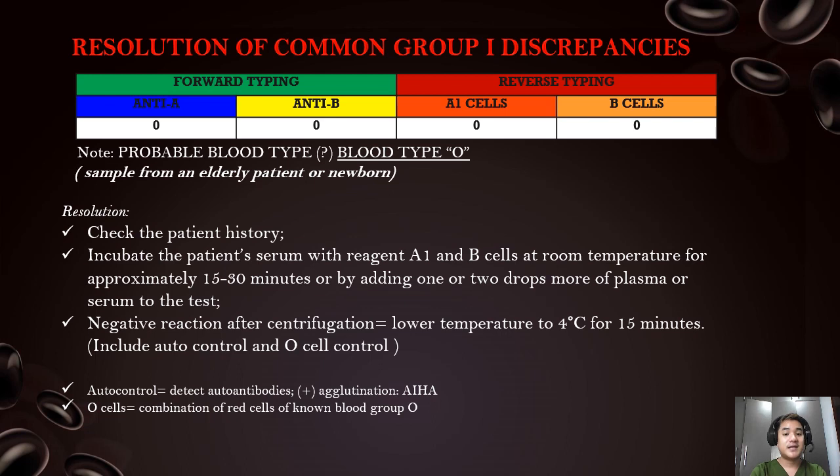So, to resolve this case, always begin by requesting a new sample and repeating the entire procedure. But if the result is still the same, incubate the patient's serum with your reagent A1 and B cells at room temperature for approximately 15 to 30 minutes.